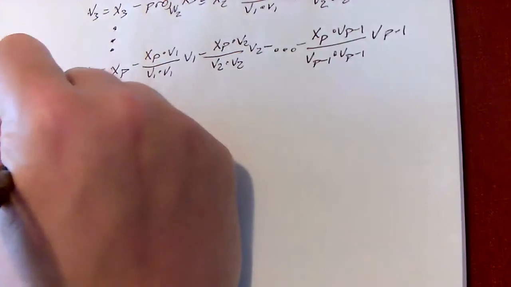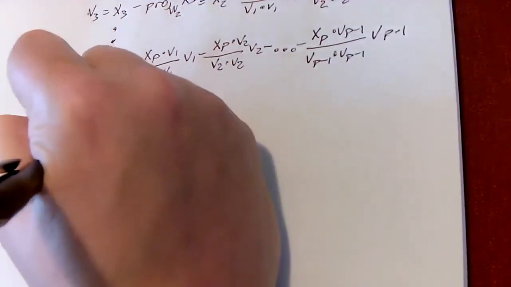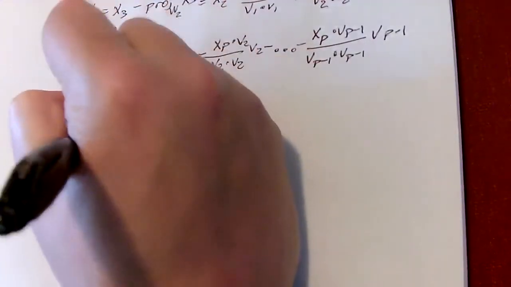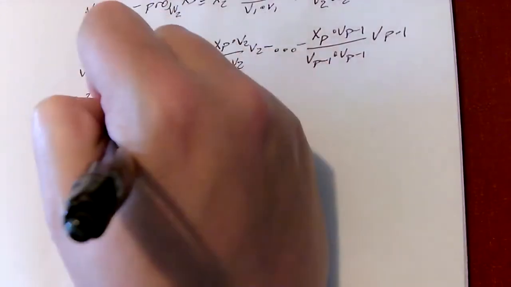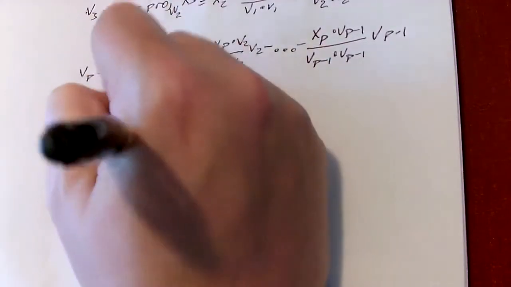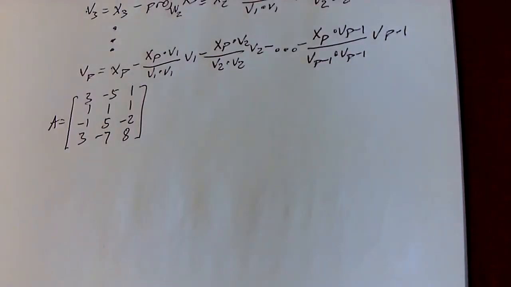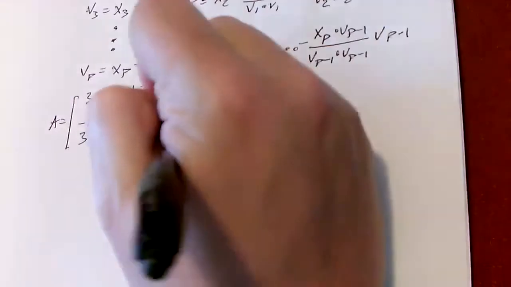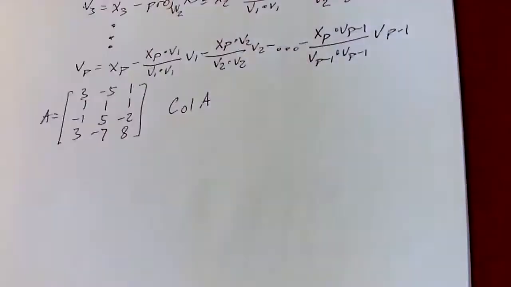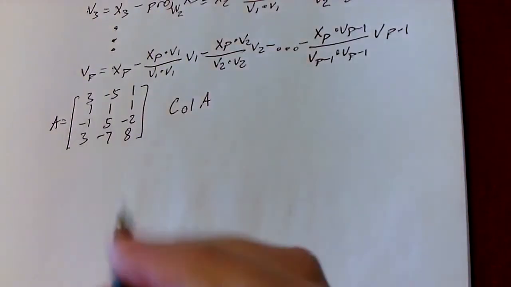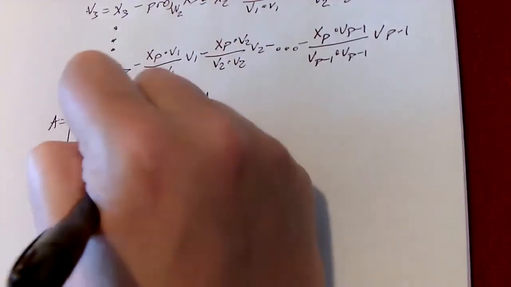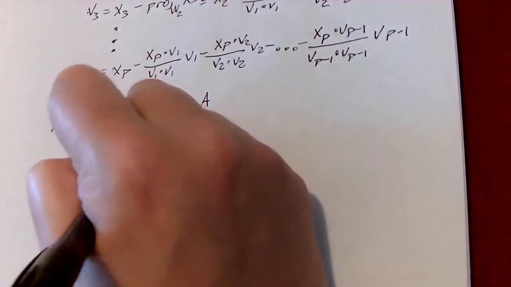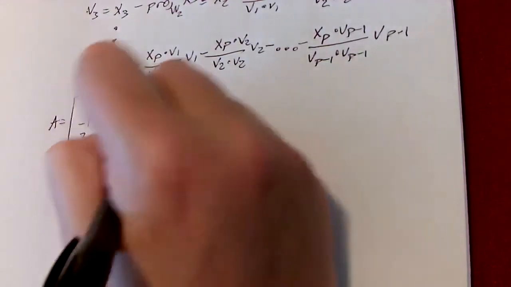Okay, so if I have a matrix A, this matrix A is 3, 1, -1, 3, -5, 1, 5, -7, 1, 1, -2, 8. So the column space of A covers all three of these vectors, because if I do a row reduction, I just get a nice, pleasant identity setup.